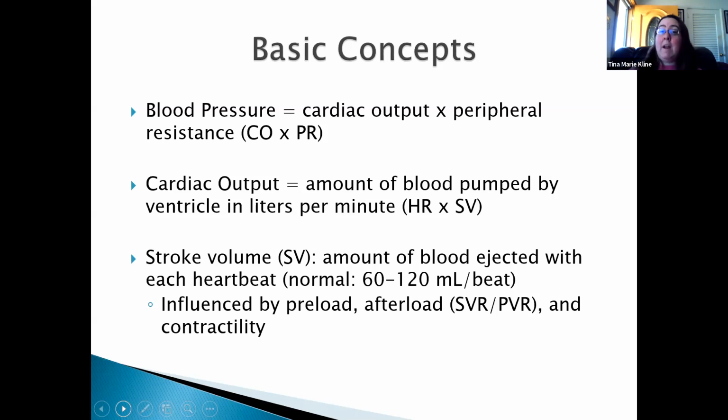If they're dehydrated, I have a low preload. Obviously, if I have less fluid in the system, it's not going to be ejecting as much. Afterload becomes an issue because that's the pressure that that ventricle has to pump against.